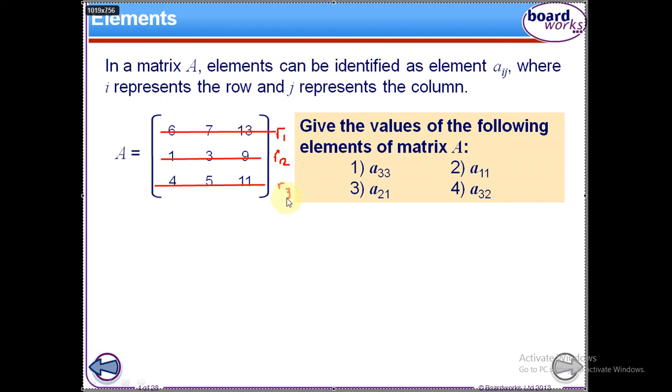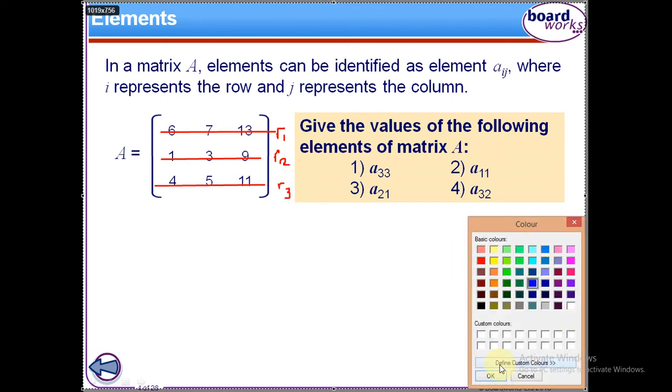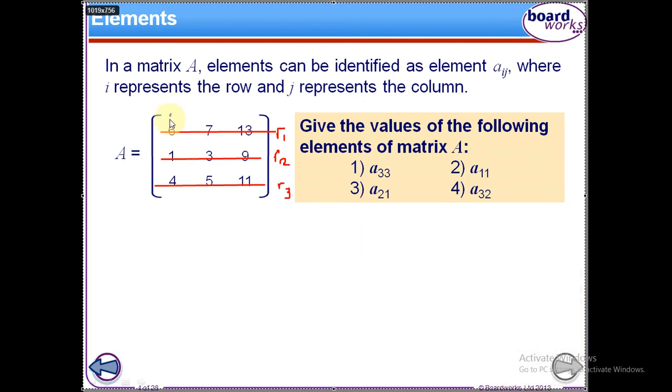So that's row 1, 2, 3. And let me change the color to blue. This is column 1. Oh, sorry about that, let me just use line. So this is column 1, this is column 2, and this is column 3. So I'm going to tag that C1, C2, C3. Okay, so let's get started with the tags now.